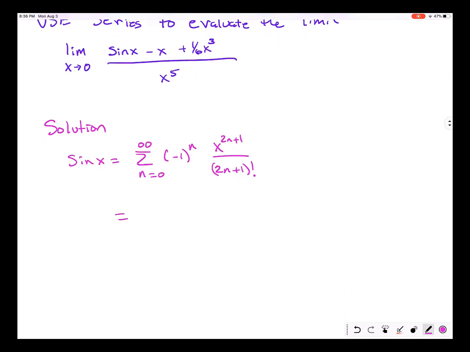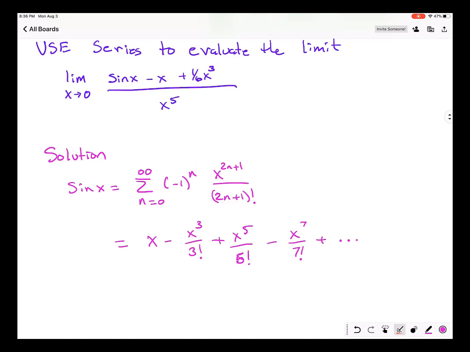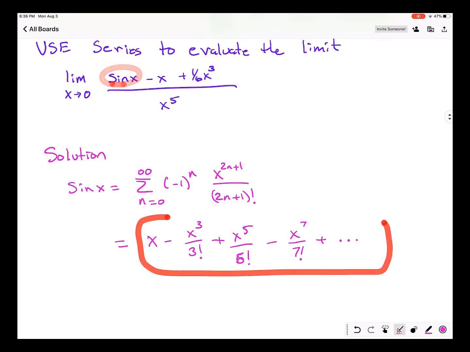And if I write out the first three terms of that, I'll get x minus x cubed divided by 3 factorial plus x to the 5th divided by 5 factorial minus x to the 7th divided by 7 factorial, and that will continue on. So I'm going to substitute this Maclaurin series expansion for sine of x.